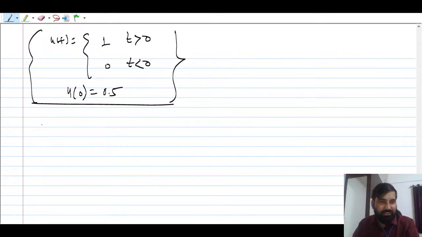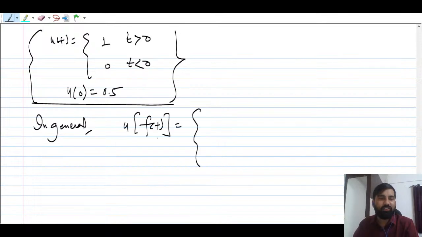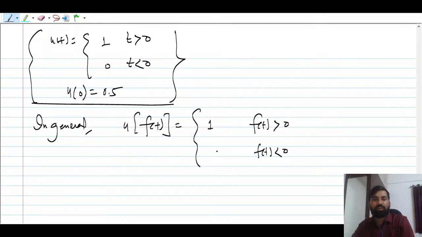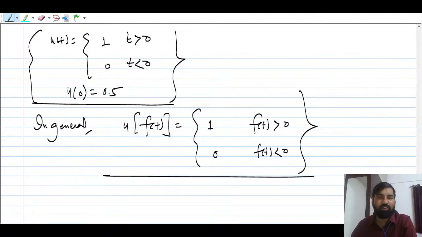Suppose in general you have u of f of t. What is the definition of u of f of t? If f of t is greater than 0, then u of f of t is 1, and if f of t is less than 0, it is 0. So the definition is going to be the same.